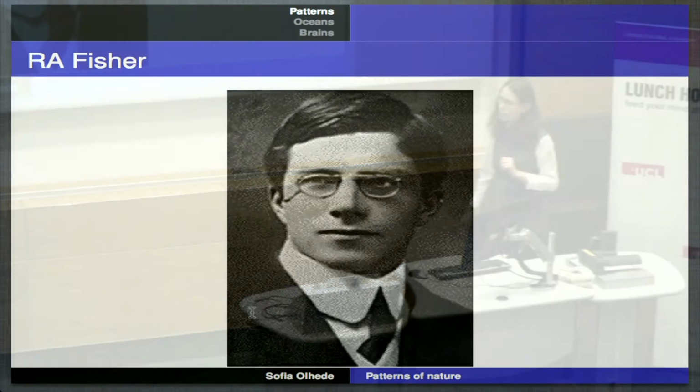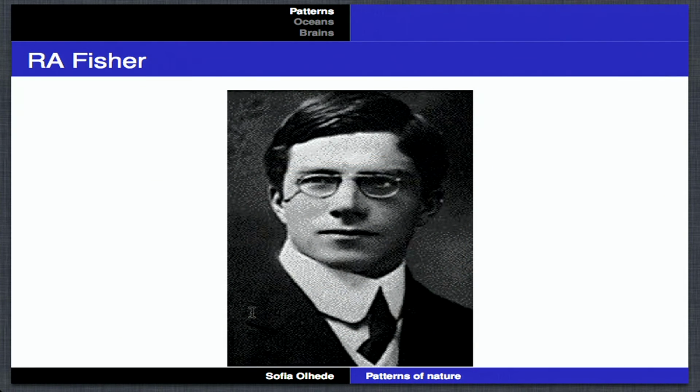So to go back a little bit in history, here is R.A. Fisher, who was a well-known statistician at UCL. He arrived in 1933. He's one of the founders of statistics and the discipline. So he was, well, what would later on become my department, and really founded the discipline.